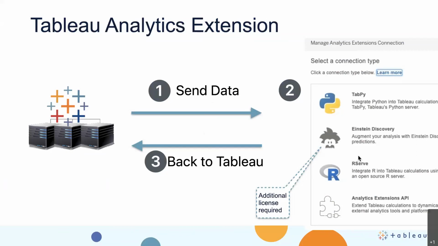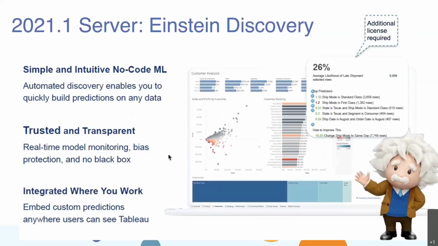Okay, because Einstein Discovery first sends data from Tableau to Salesforce.com. And then the users, even the end users, would have to have a Salesforce.com account for them to view the data. That's the way it works, and that's the way it is designed.